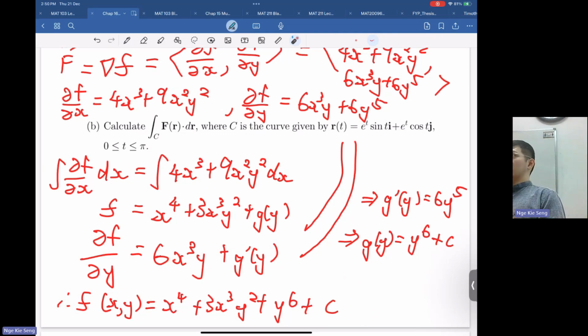So C and C will cancel out. It's okay that we don't know the C, but it will cancel out in the integration. Can you see or not? If not, you try first and I will post the solution.